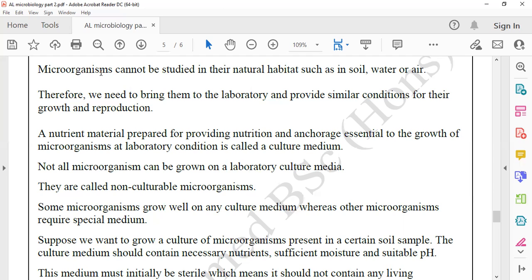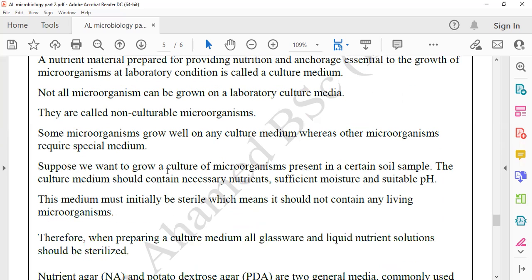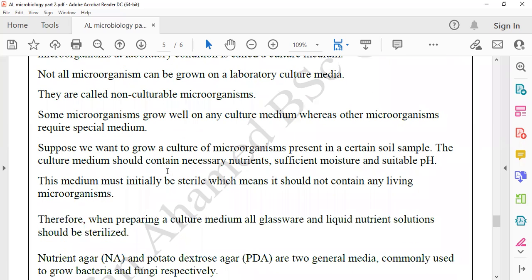Understood? So, some microorganisms grow well on any culture medium. Some microorganisms require special culture medium. See, variations are there. Some microorganisms cannot grow on any culture medium.